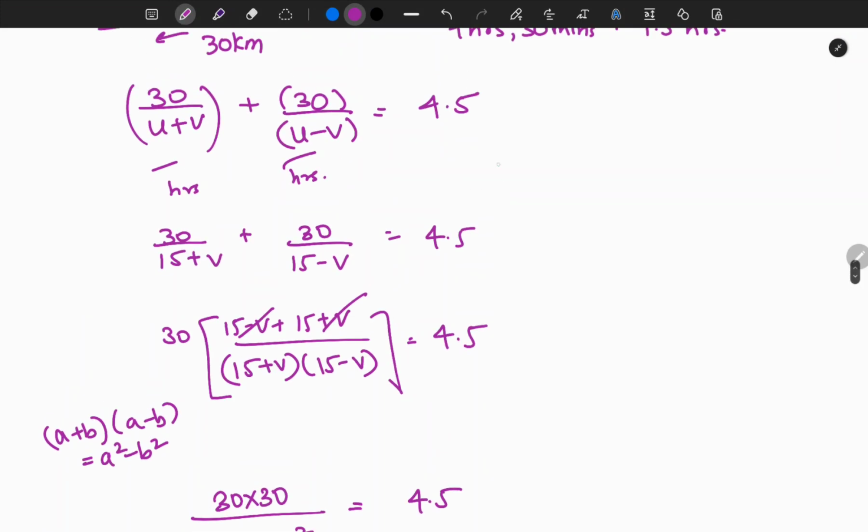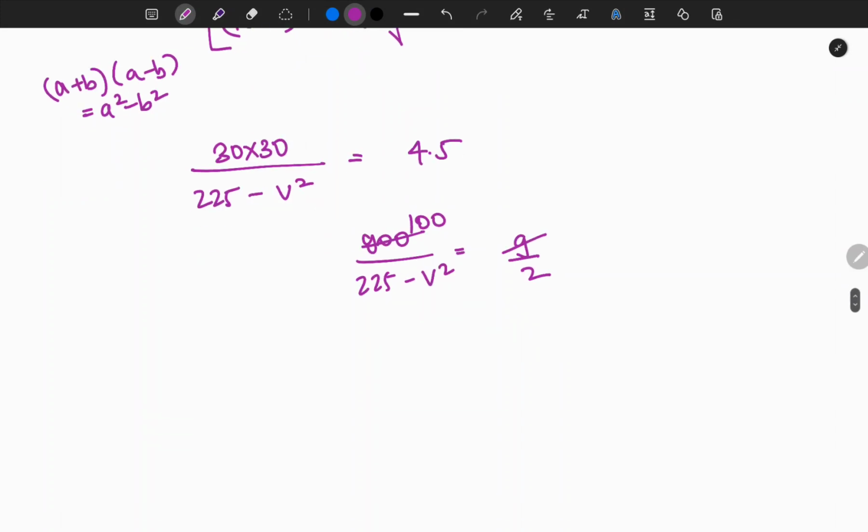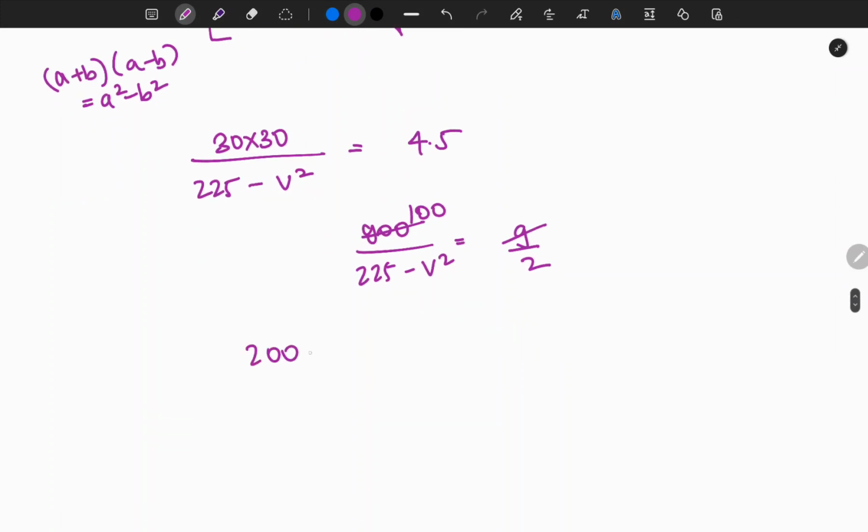So this is your t1 plus t2 equals t, which is 4.5. So now you have 900 upon 225 minus v square equal to 9 by 2. We're just going to cancel this out, and you get 200 is equal to 225 minus v square.